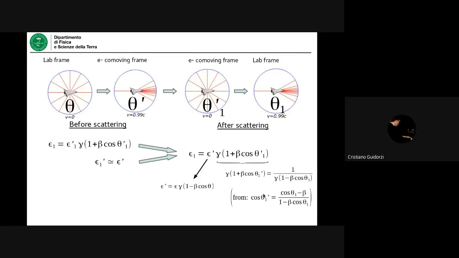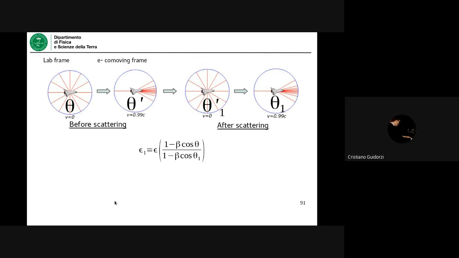You just replace this into this, and you immediately prove this identity. So if you work this out, you replace epsilon1 with this guy here, and you end up with a formula which connects all the quantities in the lab frame: epsilon, epsilon1, theta, and theta1. That is useful to make some easy considerations.